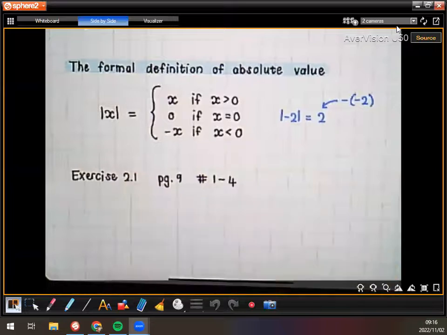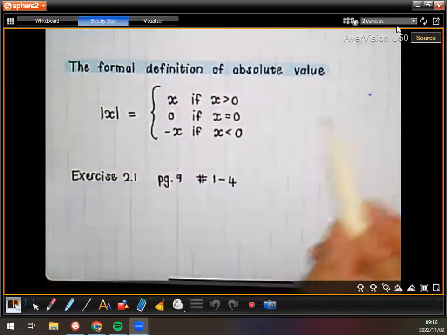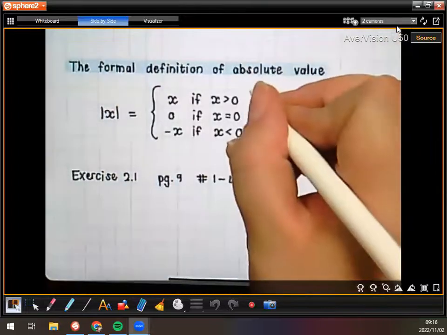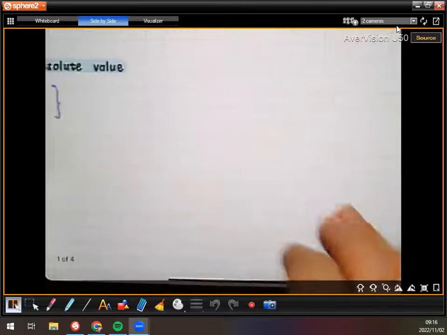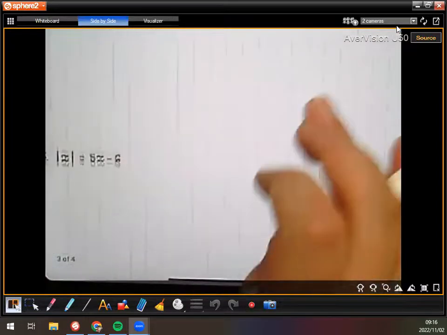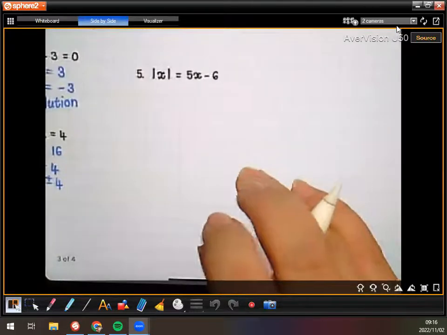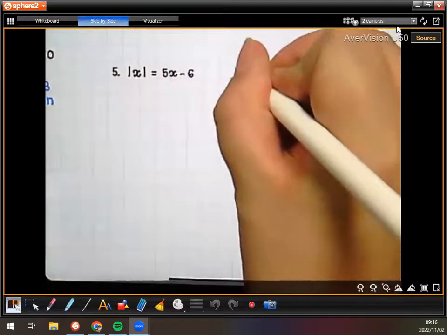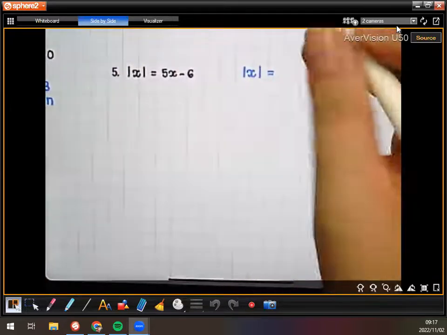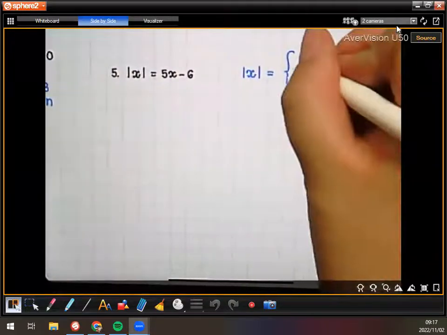So guys, when we are working with absolute value equations, we're actually going to group the first 2 parts of this definition together. So we're always going to group those 2 together. I'll show you now what I mean by that. I just want us underneath this question, or maybe on the side if you have space, to remember that the absolute value of x is equal to, and now like I said, we're going to group those first 2 parts together.